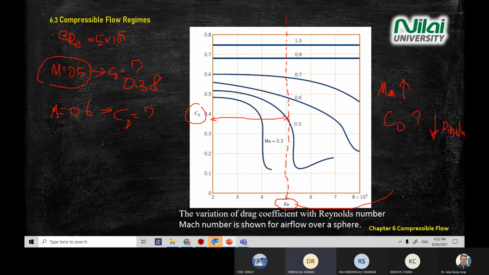Where is the 0.6 line again? It is 0.48. Okay, now you increase the Mach number to 0.7. What is the CD value, Dinesh? It is 0.58.